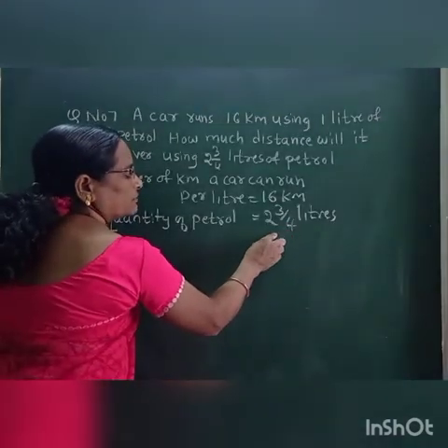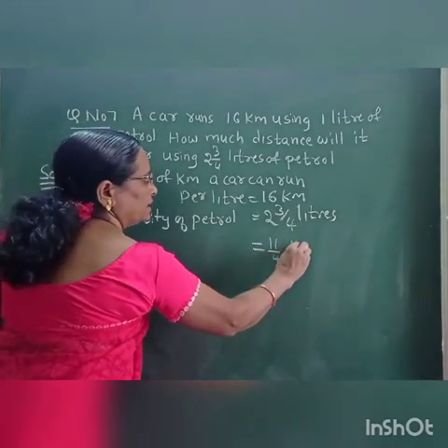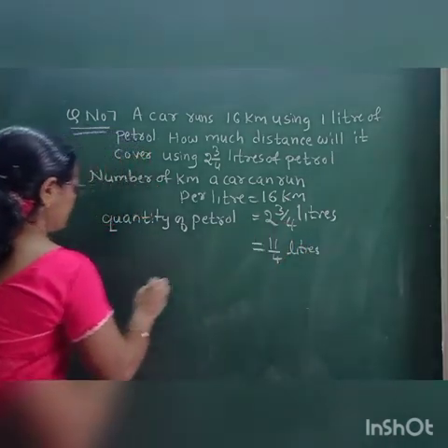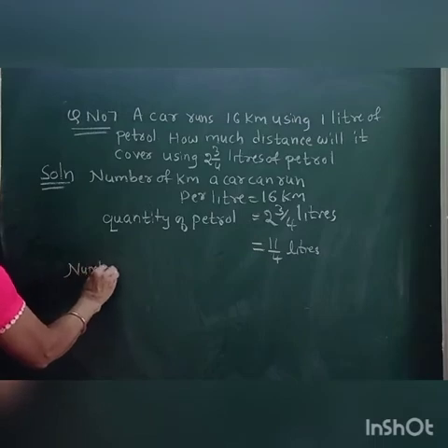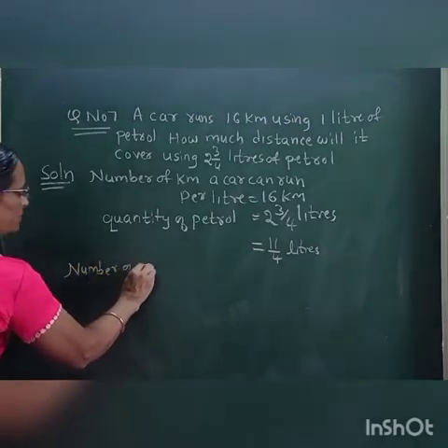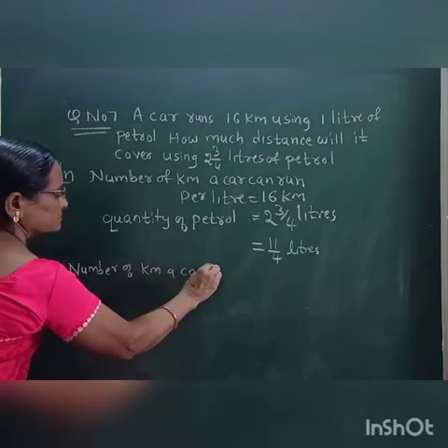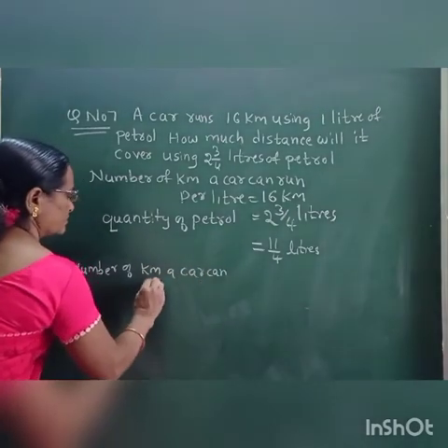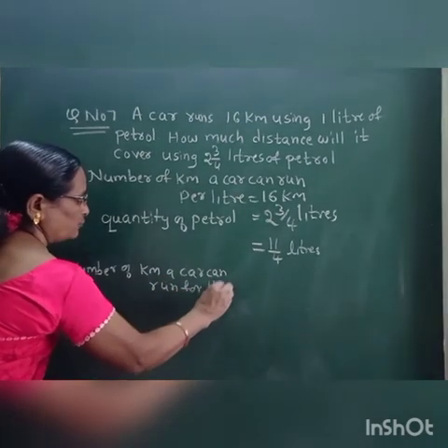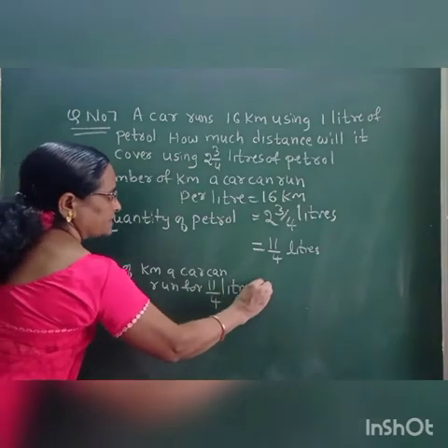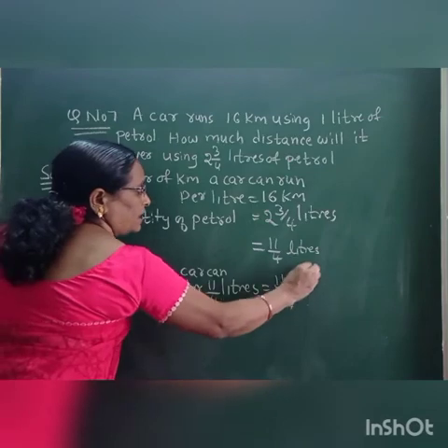So convert into improper fractions. 11 by 4 liters. Then number of kilometers a car can run for 11 by 4 liters is equal to 11 by 4 into 16. 4 ones are 4, 4 fours are 16.